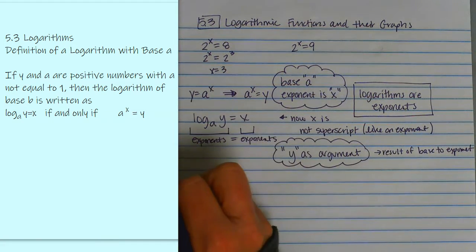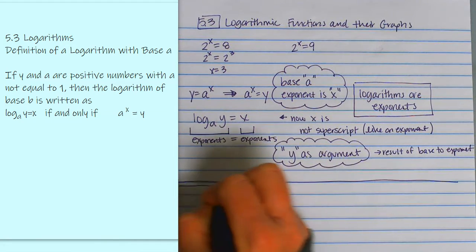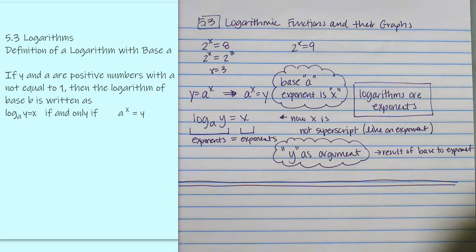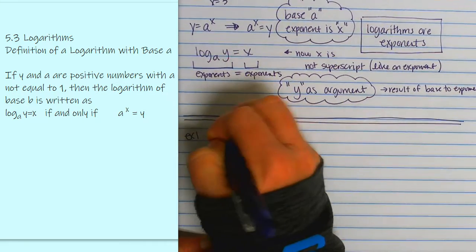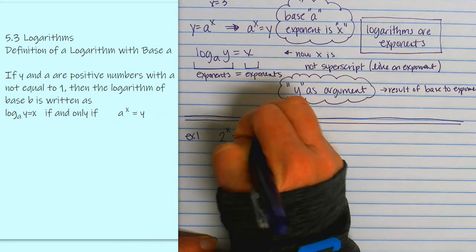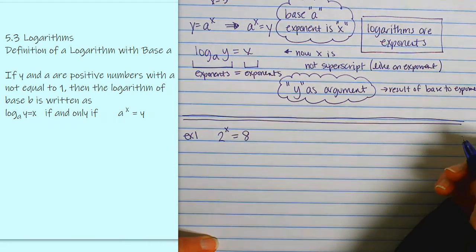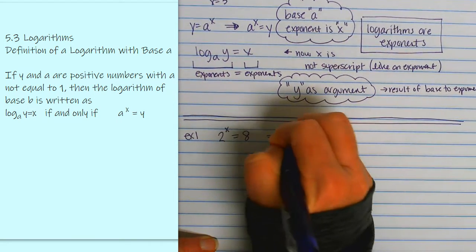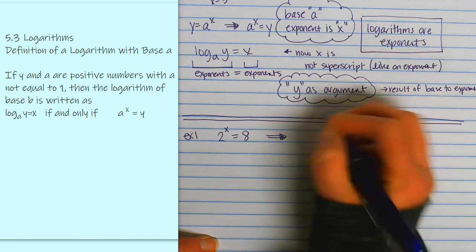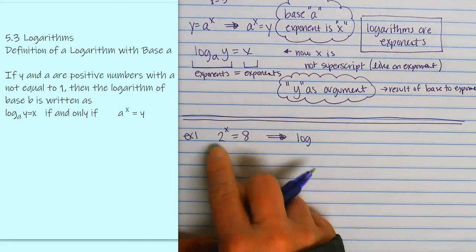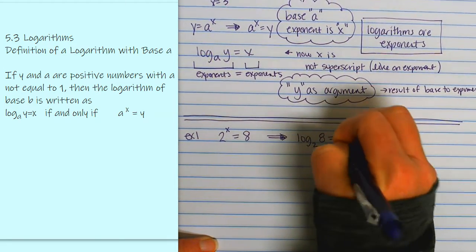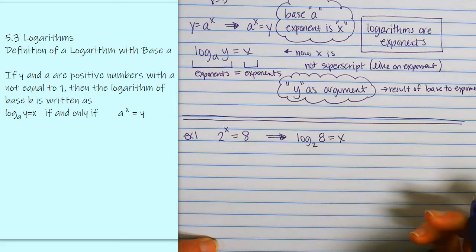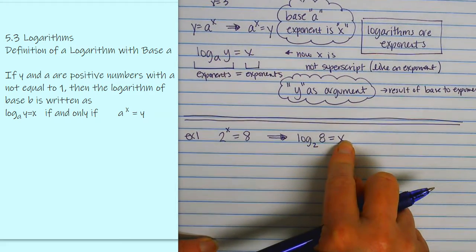So let's take some examples that we know how they work out, kind of like 2 to the x equals 8 that I have at the top. So example 1, 2 to the x equals 8. If I rewrite it as a logarithm, it's going to be log base 2 of 8 equals x, because x is in the exponent position. So logarithms are exponents.